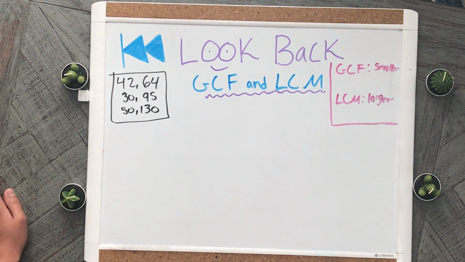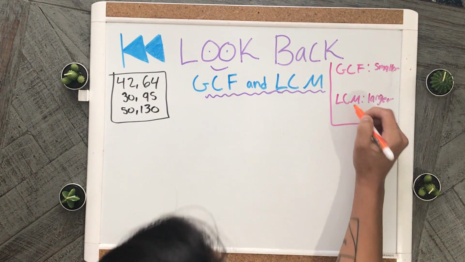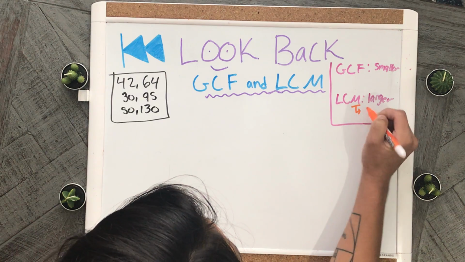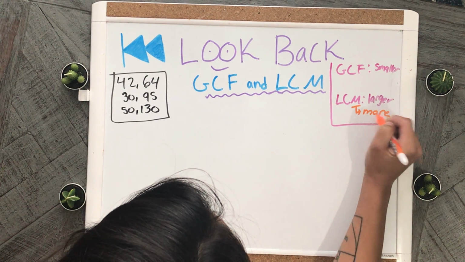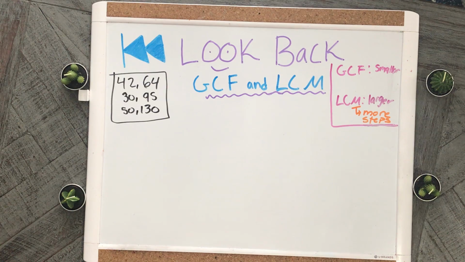With the LCM, I make the M represent that we are searching for more. So let's remember that M equals more steps. We must do more. Alrighty, so let's look at the examples that I have here.